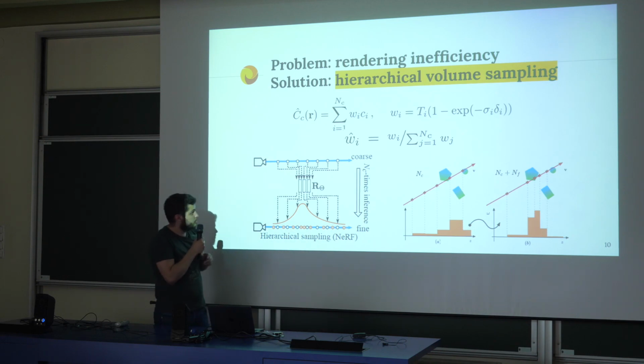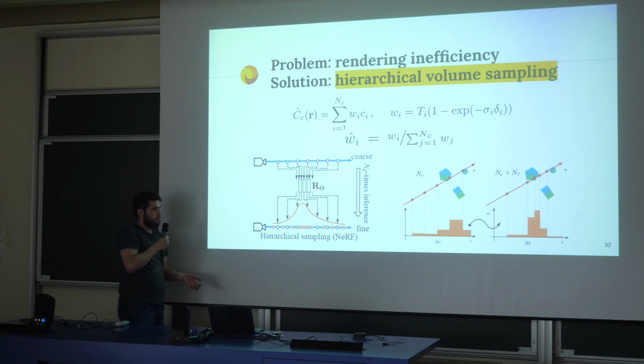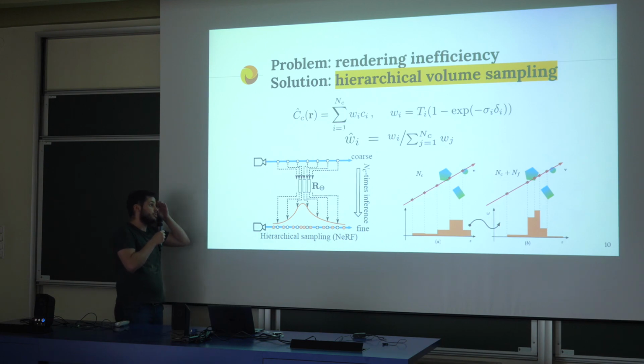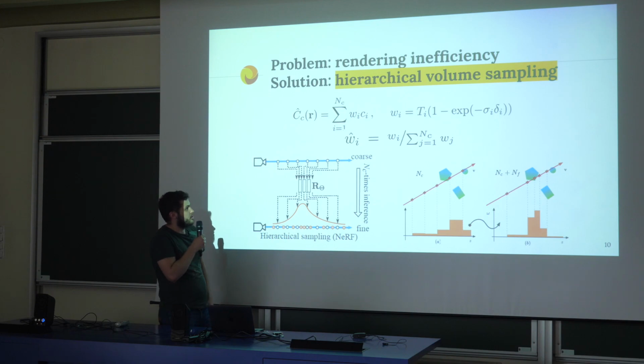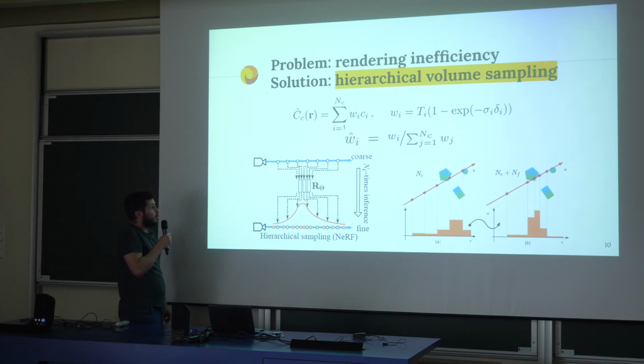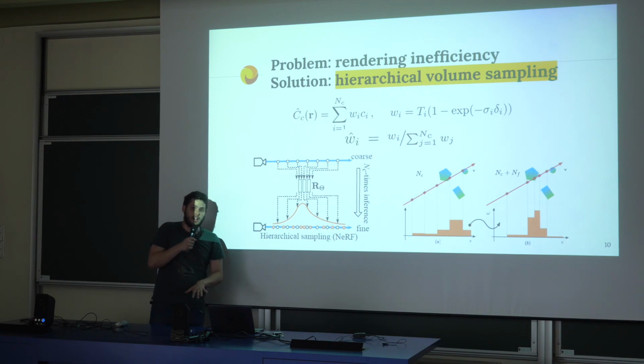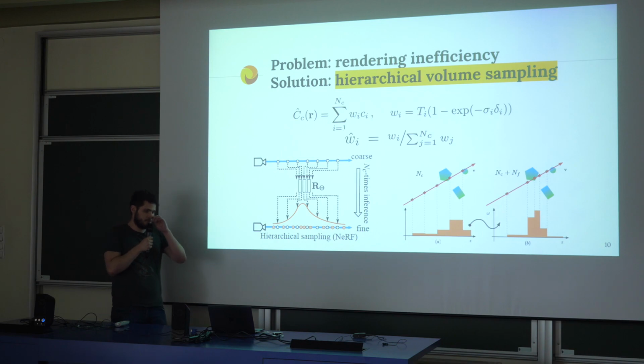For the majority of the rays, or the majority of the points along those rays, the density will be close to 0 because it's just air between the actual objects in the scene. So we want to sample the places where the density function is larger.